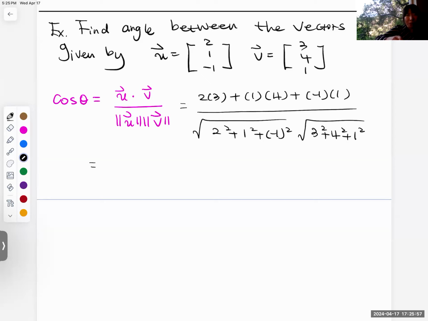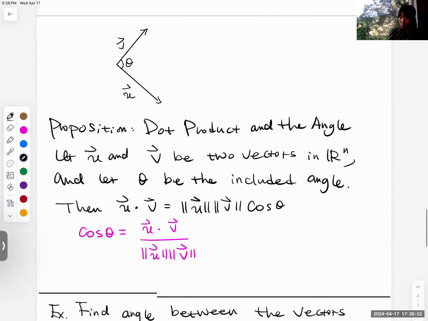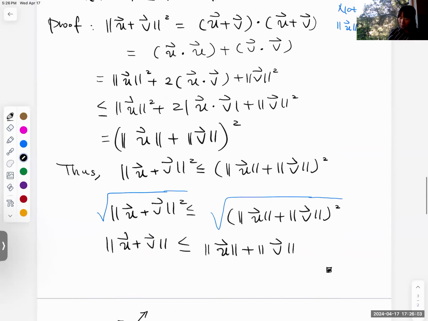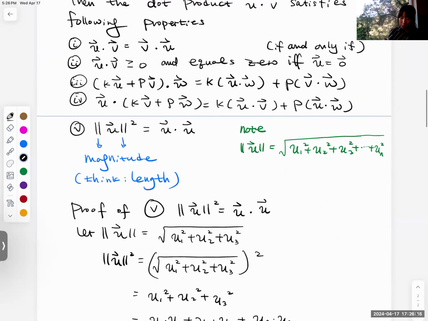Okay, so let me explain to you in your chat. So this is the formula. We are using it, right? This formula.